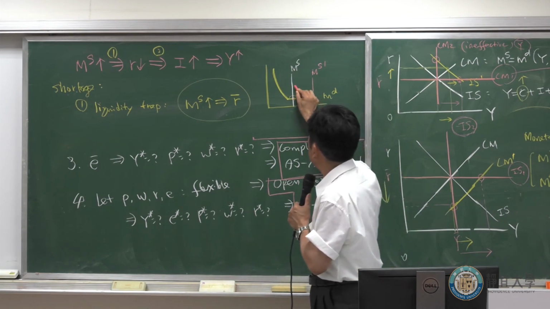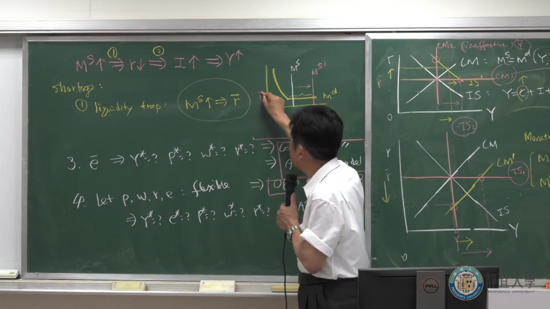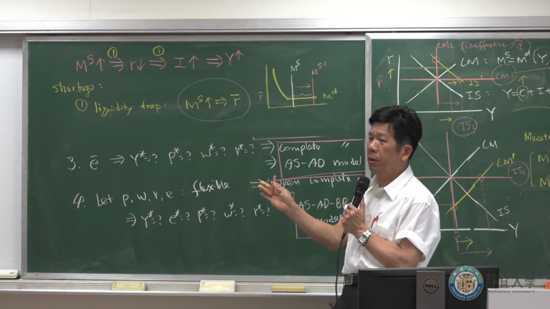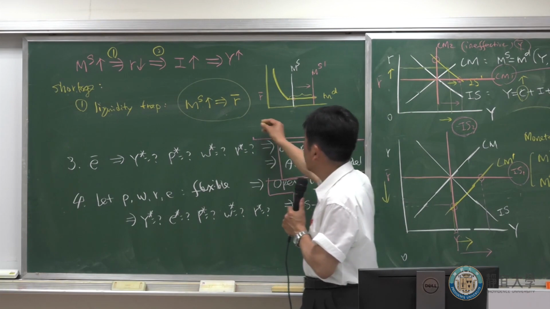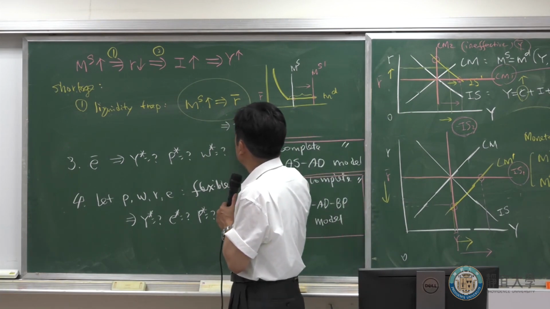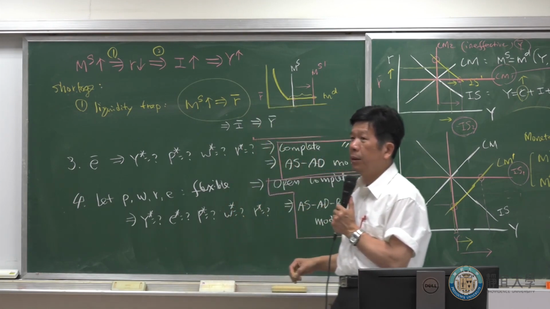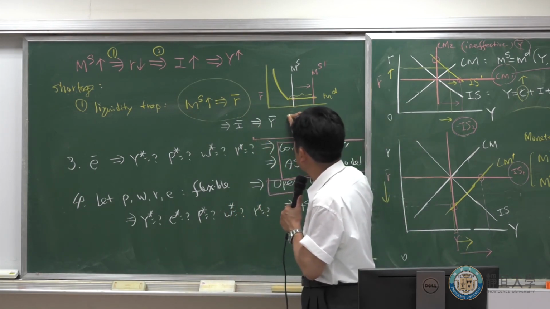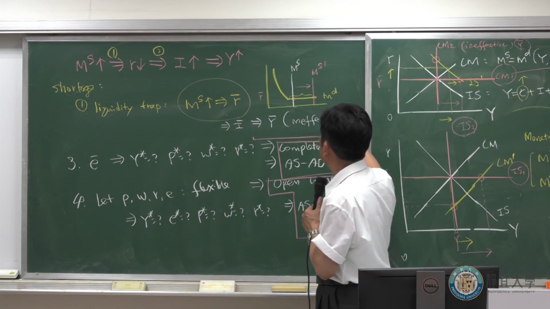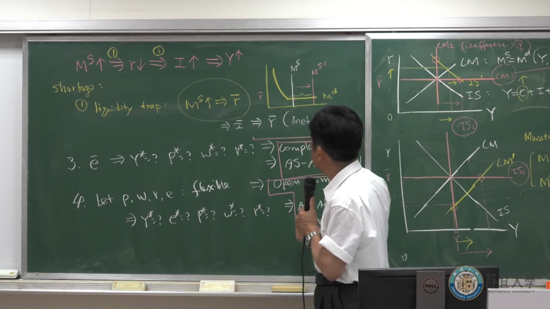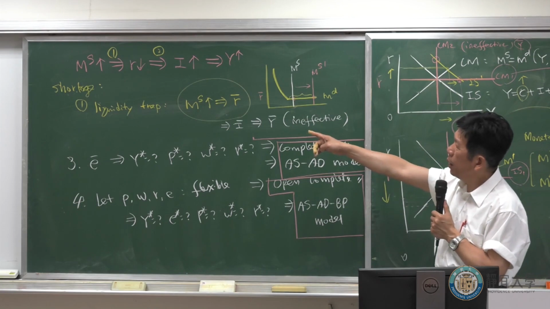The money supply increases, however the interest rate is constant, no change. Then investment is constant and Y is constant, so we call the monetary policy ineffective. This is no use. This is the first shortcoming.